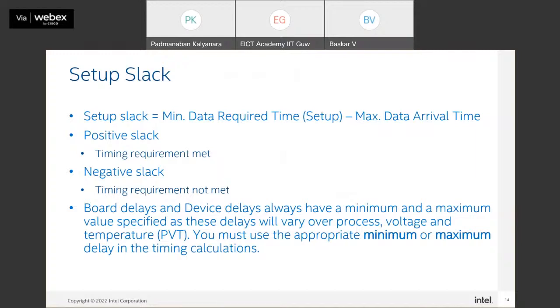We should also use minimum and maximum values in the timing delay calculations. How that minimum and maximum affects the timing analysis, I will show you in the coming slides. But the easiest way to understand this is setup slack is equal to required time RT minus arrival time AT.